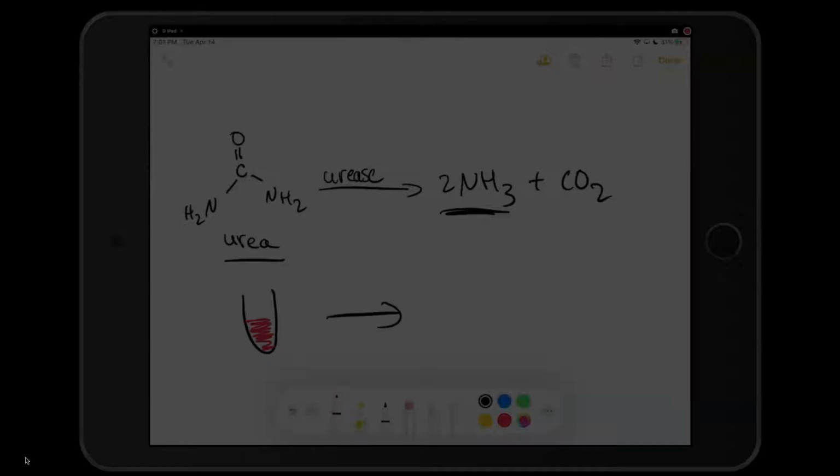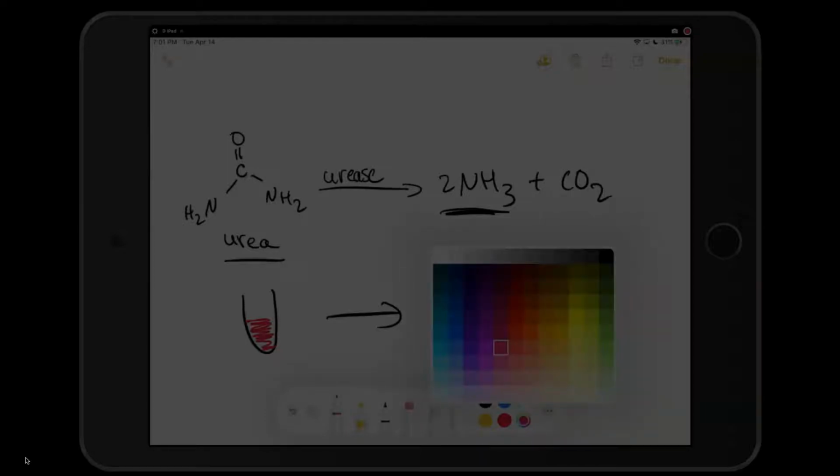What if your bacteria does produce the enzyme urease? What will this test tube look like if, as a result of the bacteria producing the enzyme urease, there is ammonia that's released? What does that do to the pH? Remember that phenol red is a pH indicator. Ammonia is going to create an alkaline environment, isn't it?